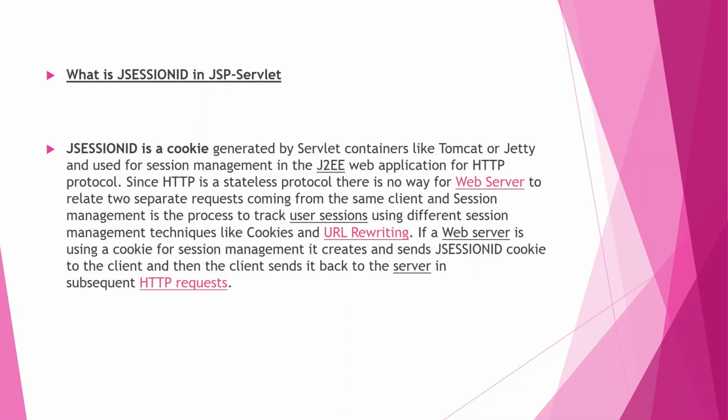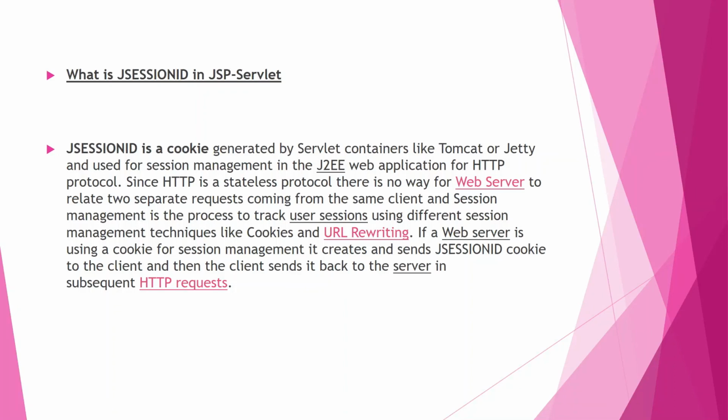What is JSESSIONID in JSP servlet? JSESSIONID is the cookie generated by servlet containers like Tomcat or Jetty and used for session management in J2EE web applications for the HTTP protocol.